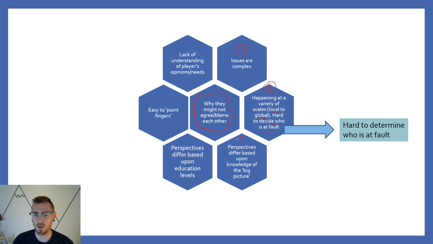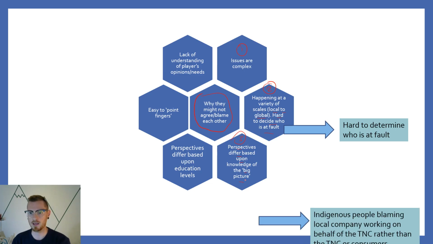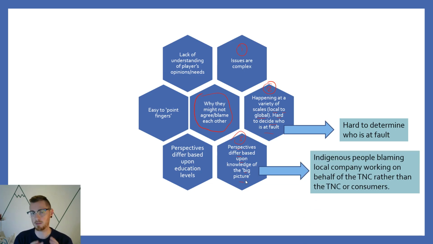Third one, another reason why people might be at conflict or blaming each other is because the perspectives differ upon knowledge of the big picture, okay? An example of that would be Indigenous people might blame the local company, i.e. the local company that's mining, the local company that's logging, the local company that is growing biofuels and burning down the forest to do so.